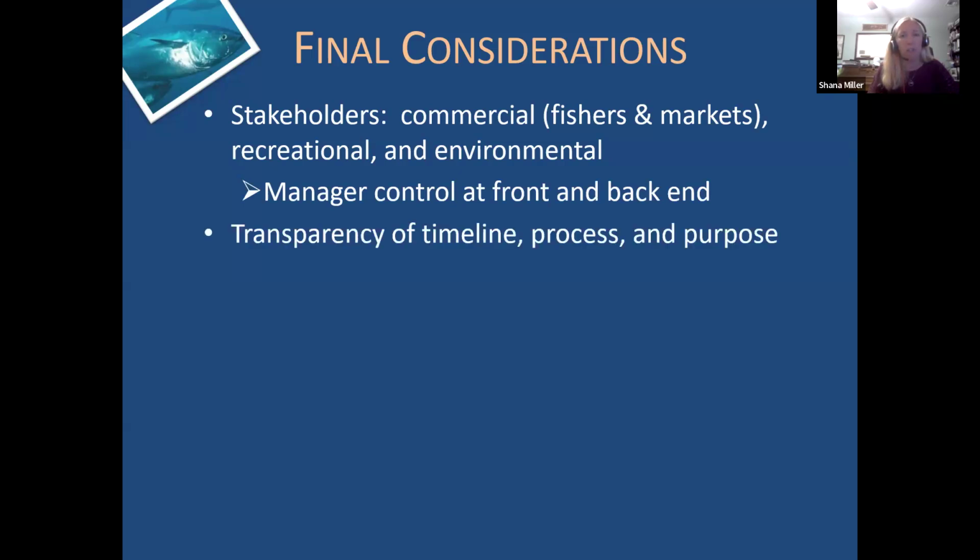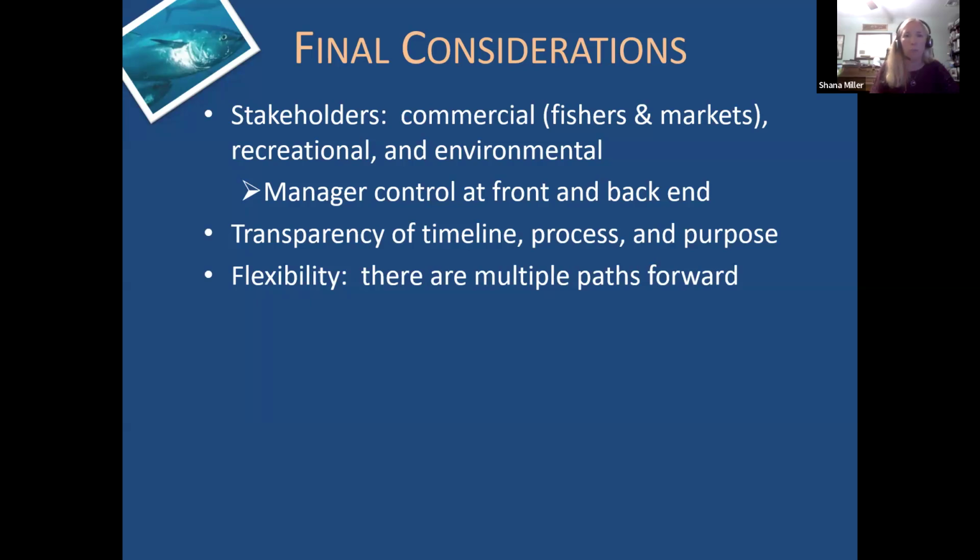It's important to be very transparent in the process, the timeline for development, and the process of development and the purpose, why we're doing it for a specific fishery. Just another reminder that there is flexibility. There are multiple paths forward in the type of harvest strategy and the order of development steps.